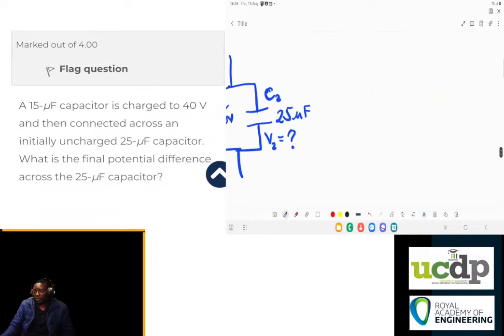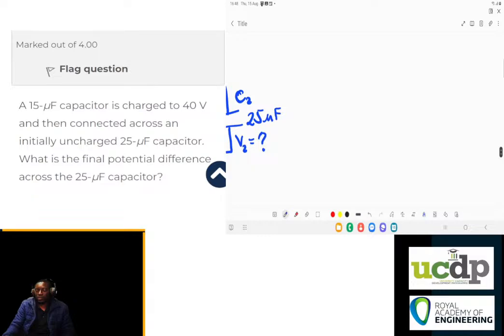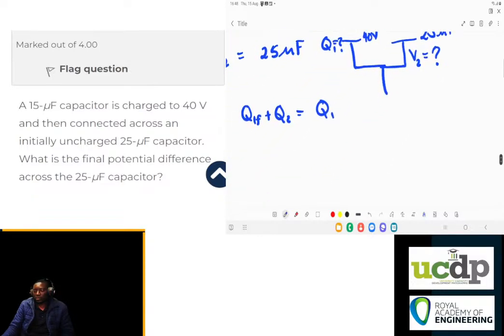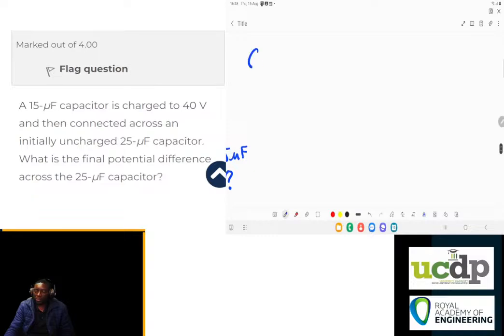Okay, I first calculated the equivalent capacitance. I used that to find the C1 plus C2.